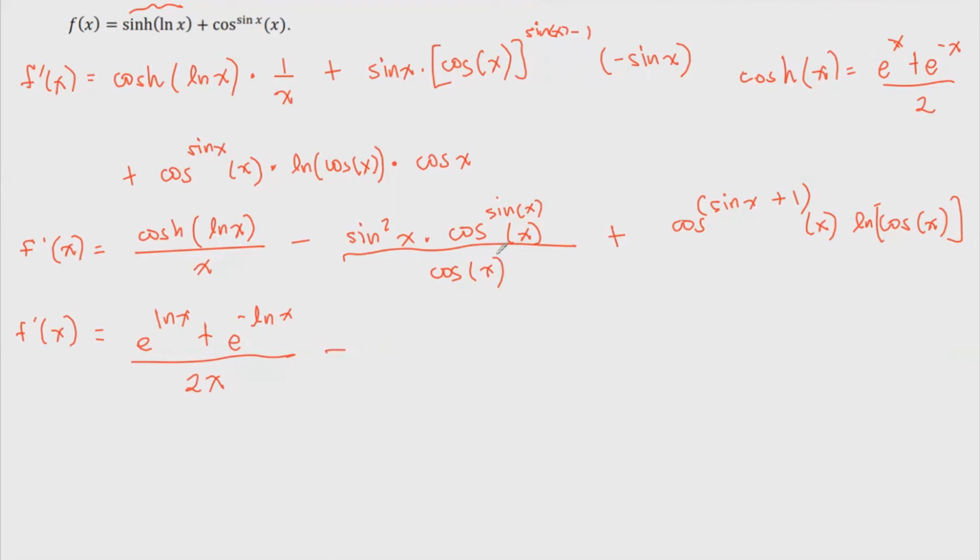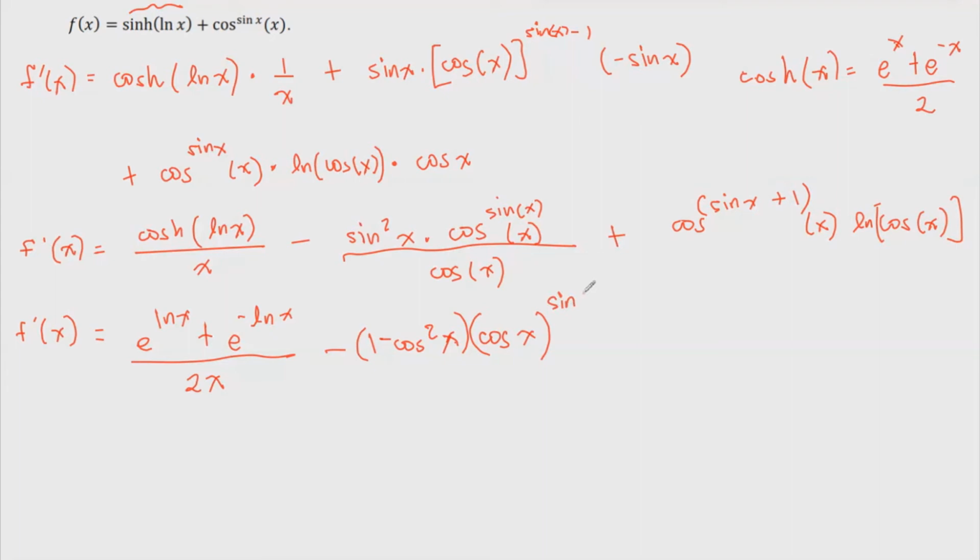So I've actually written cosine of x at the denominator. Now I'll be moving it to the same expression right here because I want to show you that I'll be doing something like 1 minus cosine squared x here, just to give the equivalent of sine squared x, so that all the expressions are in terms of cosine.